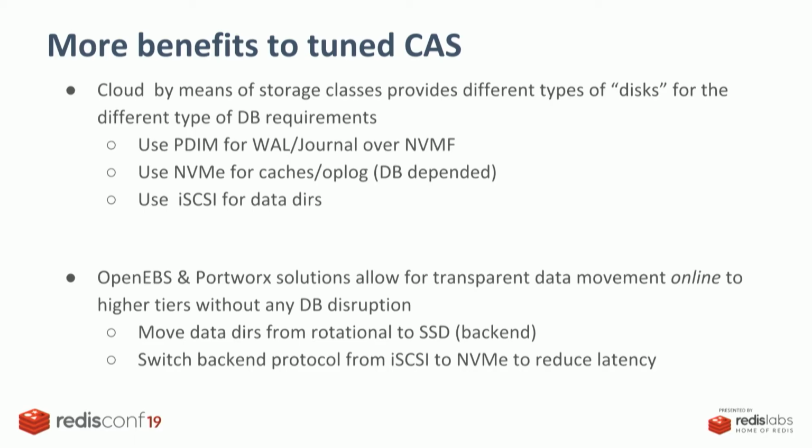In this last slide, the benefits of CAS apply to Redis and probably other applications and databases too. You can define tiers and automatically create those tiers of storage to place your data onto different grades of storage: NVMe, SSDs, spinning disks. Both MayaData's OpenEBS and Portworx have solutions that allow transparent data movement online to a better tier or across clouds.